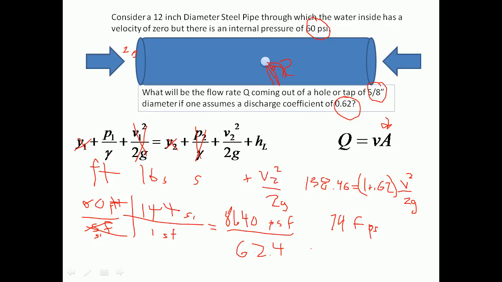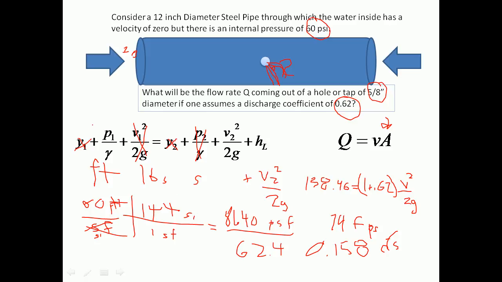So 5 divided by 8, divided by 12 gets me feet, divided by 2, squared, times pi, gets me an area of around 0.002 depending on your float, times 74 gets you a flow rate of 0.158 CFS.